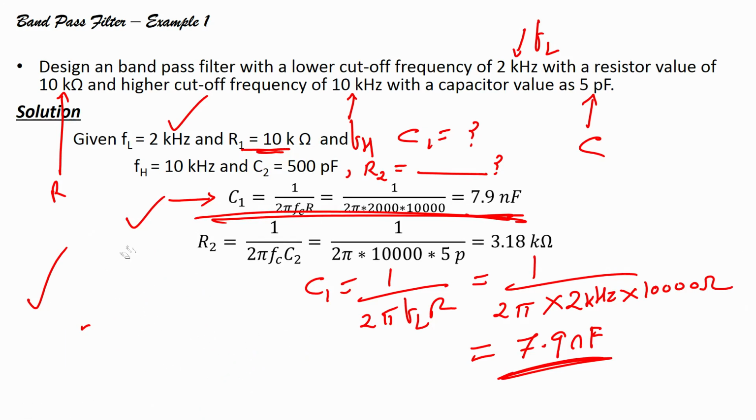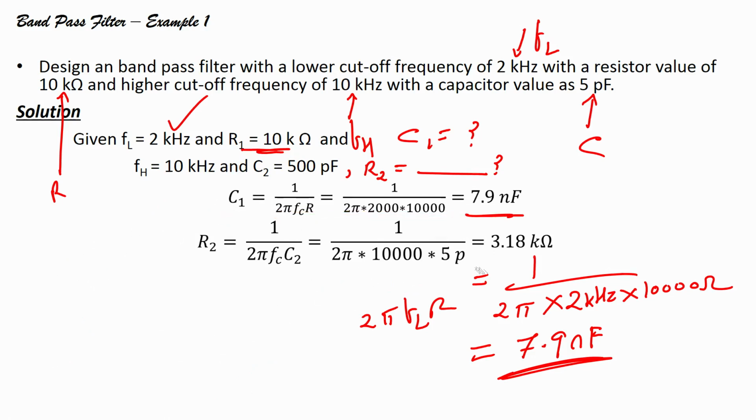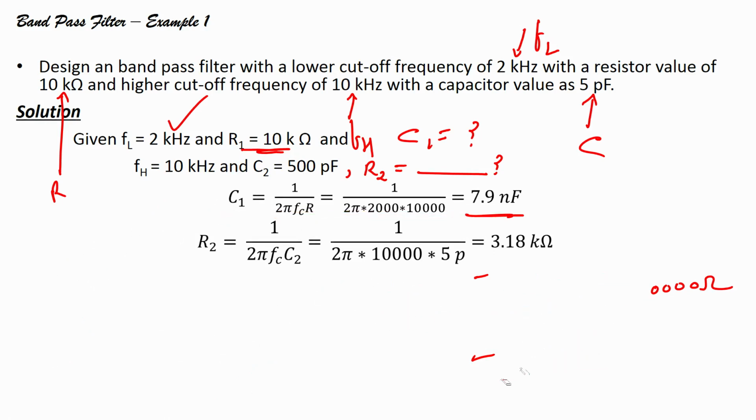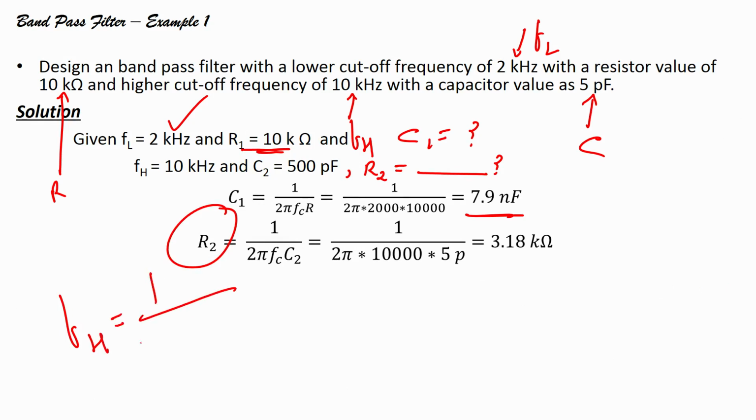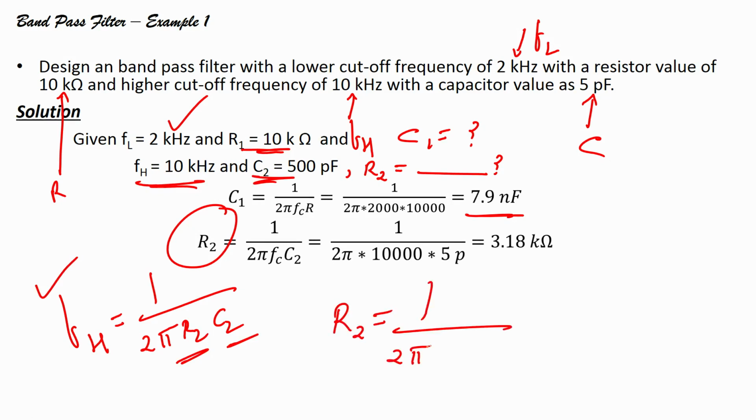Now, let us see how we can find the value of FH, and using FH how we can find R2. So, FH equals 1 by 2 pi R2 C2. What we have? We have FH. We have C2. What we do not have is R2. So, R2 will be 1 divided by 2 pi FH C2.